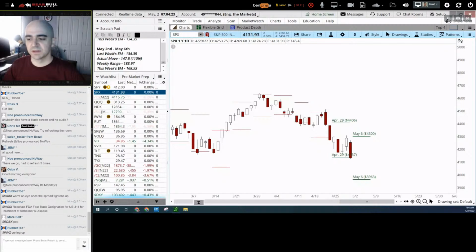to expectation of movement. And as a trader, you might want to know this in regards to how you manage your trades. So for example, as someone who might be stepping into the SPY or other products that mirror the S&P, knowing a weekly expected move allows you to define your risk according to the volatility of that week.